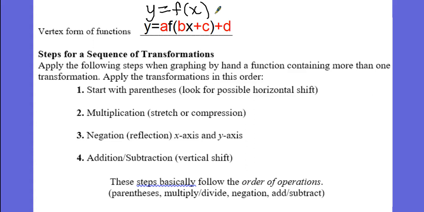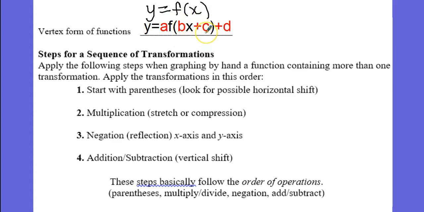This would be considered like our parent function, the most basic form of that function. And then, here, what I want you to notice, probably you need to get closer over here because I'm not wearing my microphone. Probably you'll notice that in my next line, there's my y equals f of x, all in black.